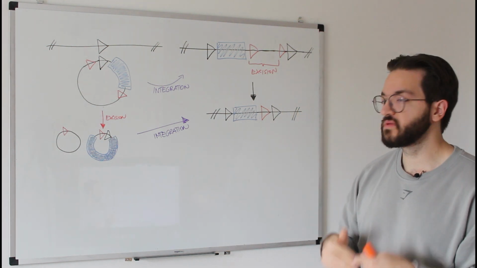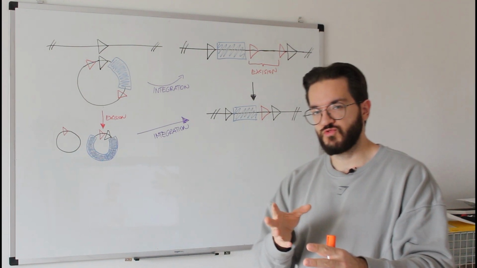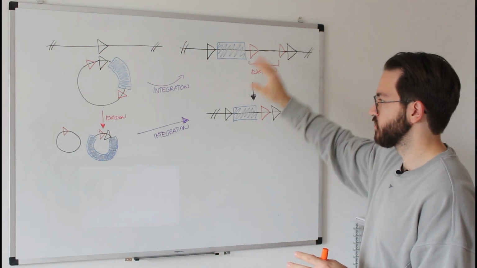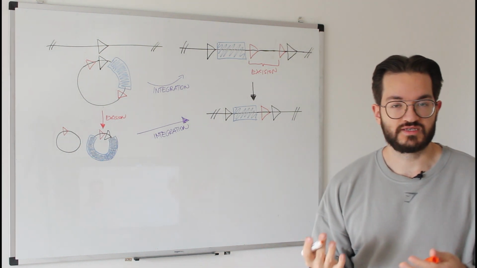So what people do usually is they want to enrich for the integration before they remove the backbone. So they use the backbone here for adding a selection gene.